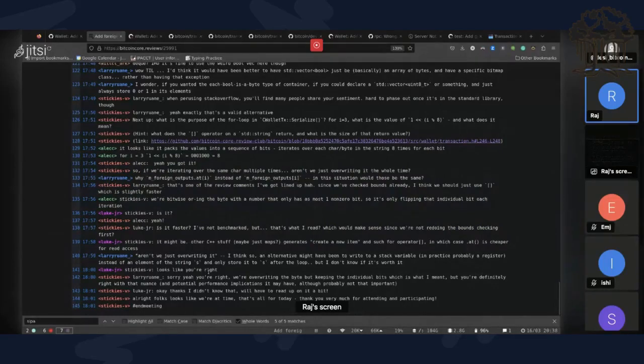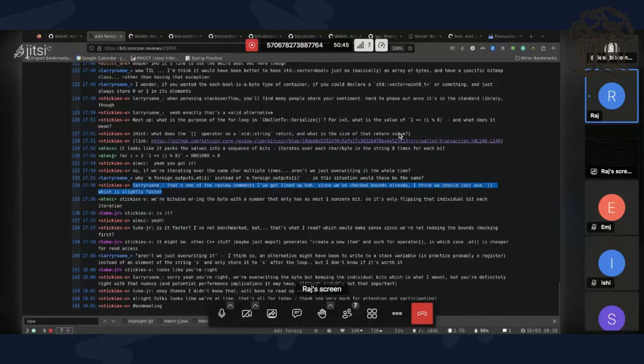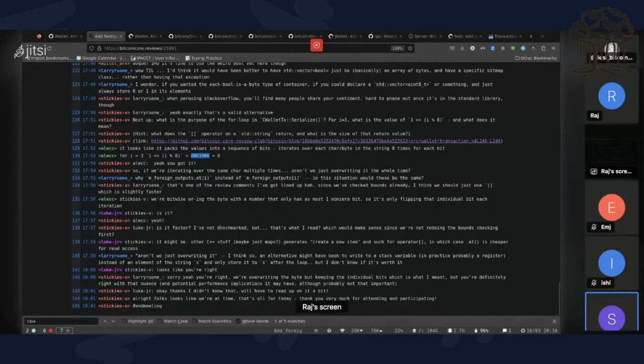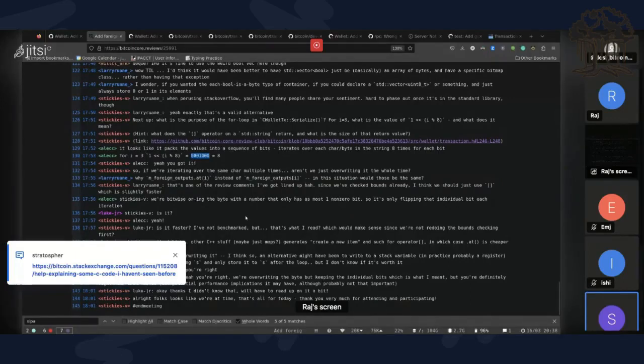So I think Sticky V has a review comment regarding this, and somebody ran through some point where this value is this, but I can't find it. Oh, I found the link. I sent it on Jitsi. Yeah, let me copy that.